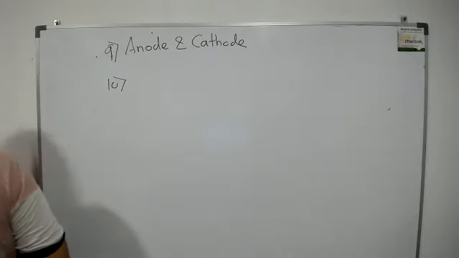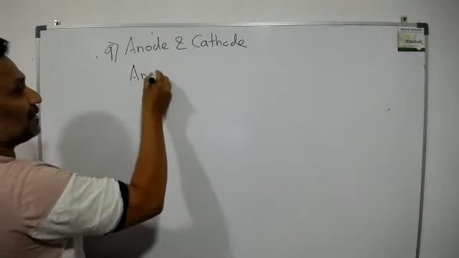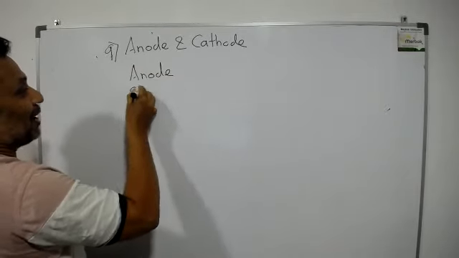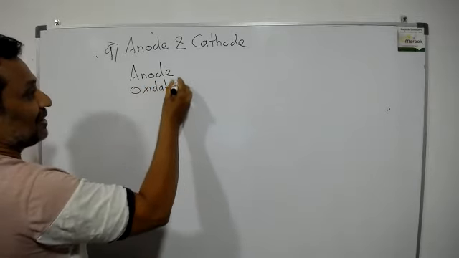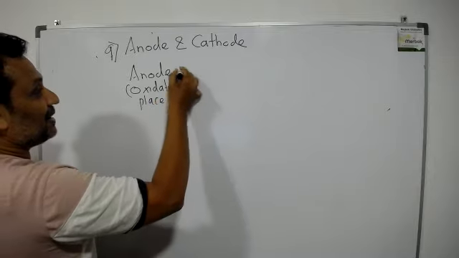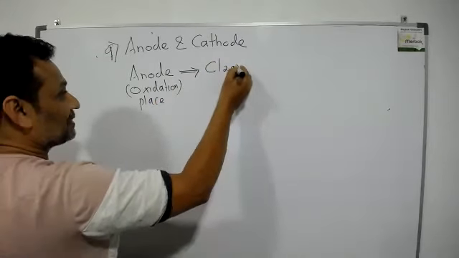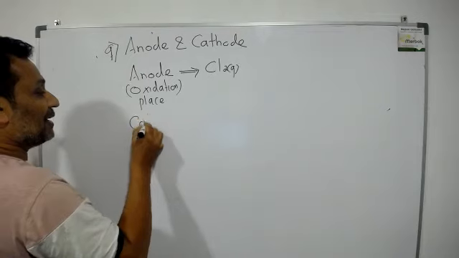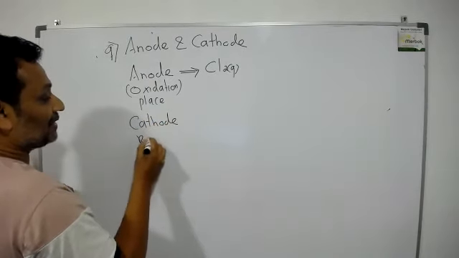And mention the gases. Anode is the oxidation place. So in the oxidation place, what is the gas made? Cl2 gas is made. Cathode is the reduction place.